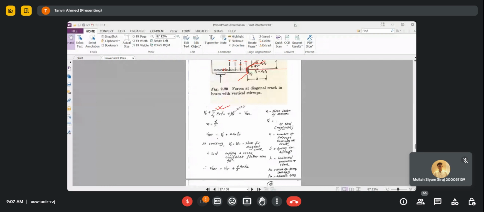We said that this is the area of the two legs of the stirrup, and FV is the shear stress in an individual stirrup. So if you just multiply the stress and area, you'll get the shear force for one stirrup. And if you have n number of stirrups, then you need to multiply AV FV with n. That is your shear force in the stirrups in this particular section.